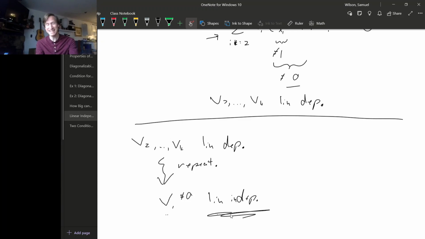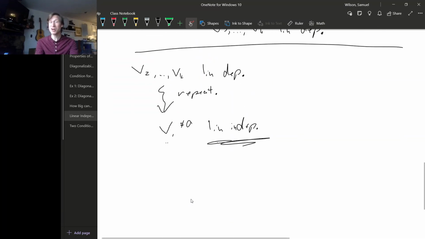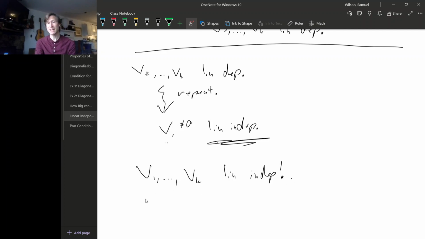It's linearly independent. So we've derived a contradiction, and that means our assumption had to be false. So our original vectors, v1 through vk, have to be linearly independent. So this is an interesting fact that vectors coming from different eigenspaces have to be linearly independent.